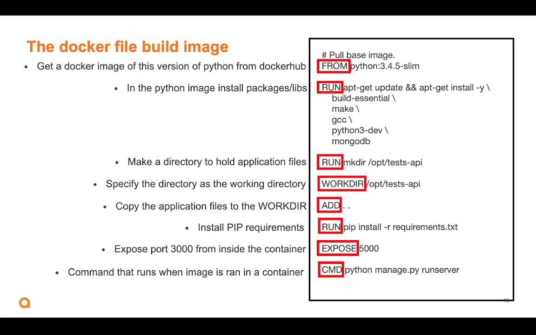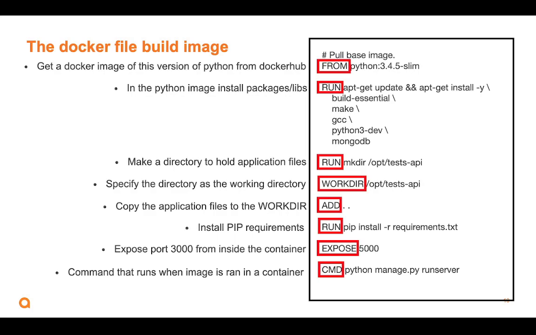So we're going out to Docker Hub out on the internet and pulling in this Python Docker image, and we're adding some additional libraries with apt-get. Then we're making some other directories with the RUN here below. We're making a directory to hold the application files, and we're specifying that's the working directory.